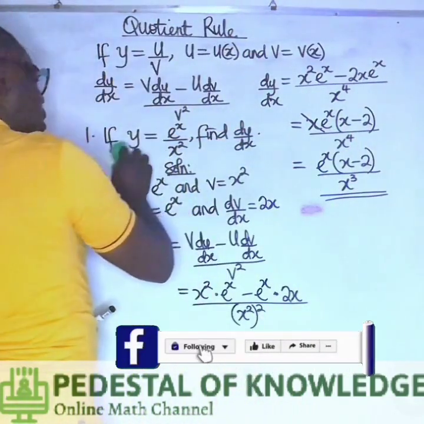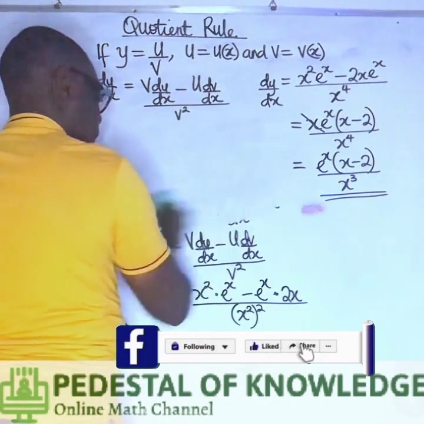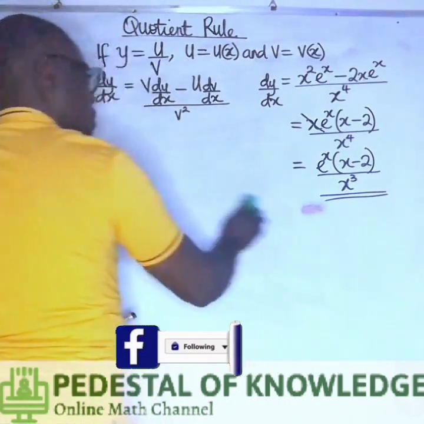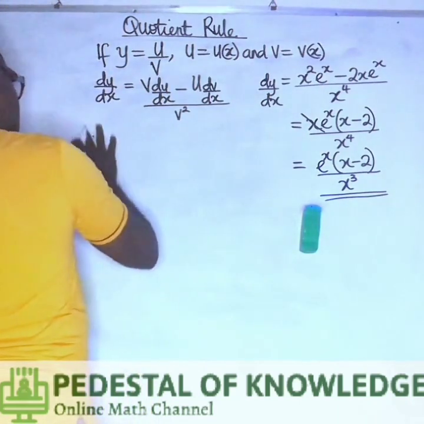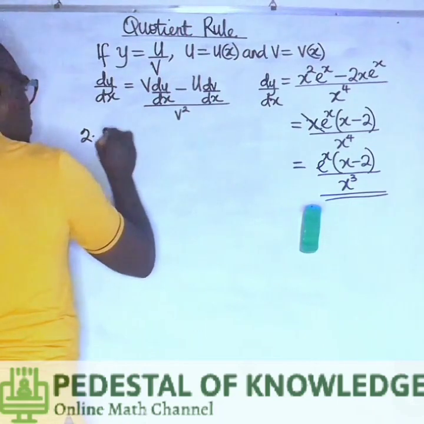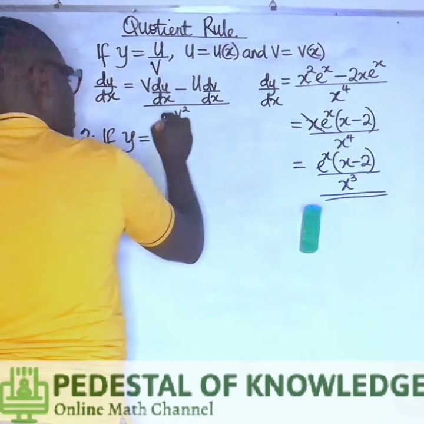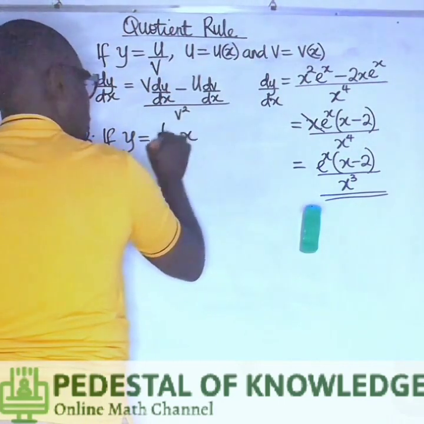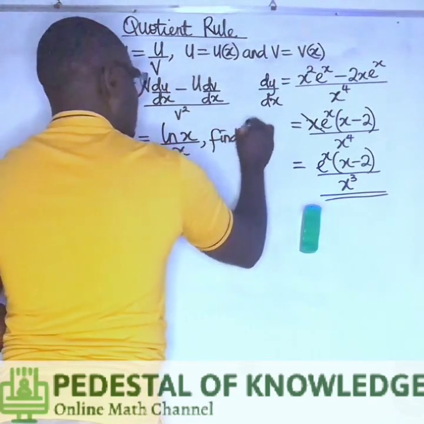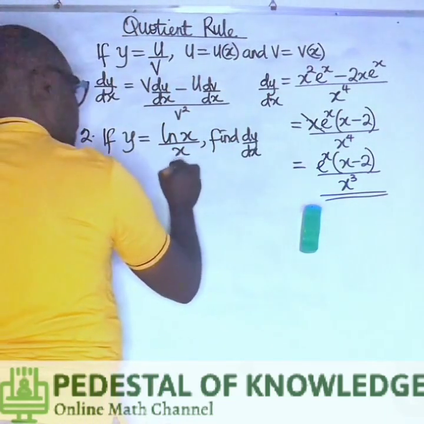Okay, let's look at example number 2. Example number 2 says, if y is equal to ln x over x, find dy/dx.